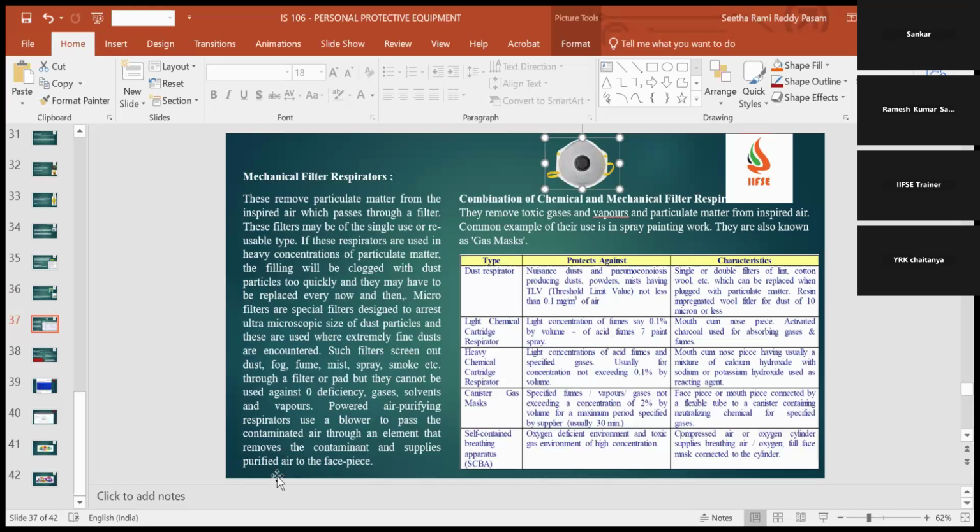It properly filters the air and supplies it to the face piece, which is nothing but this mask. Some of them will have two filters, one chemical as well as mechanical. There you have a dual effect and can use it as multi-purpose, in dust atmospheres as well as chemical atmospheres.